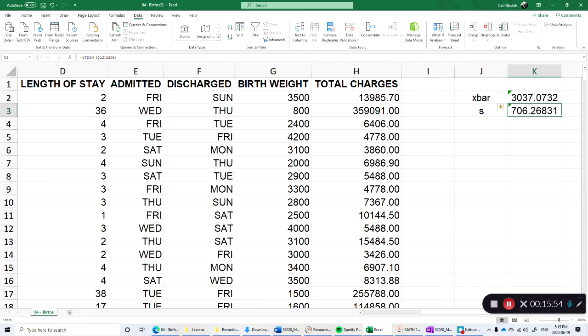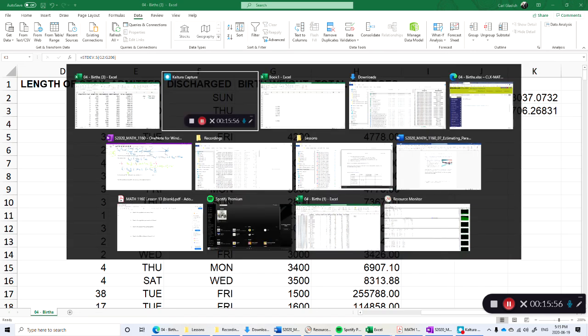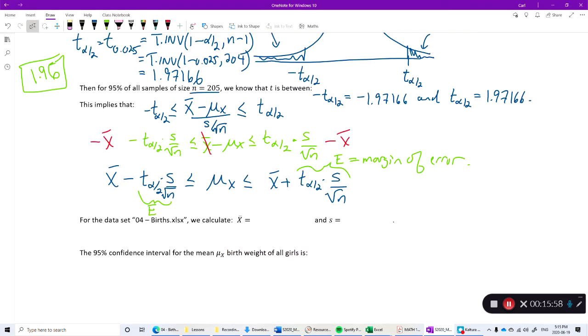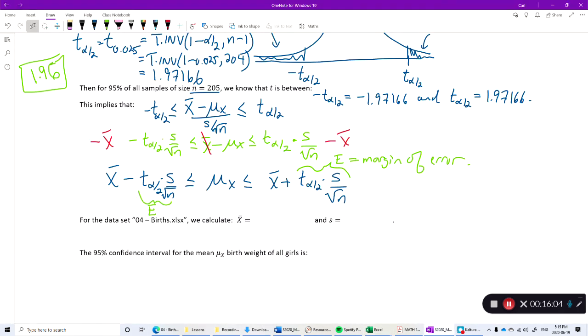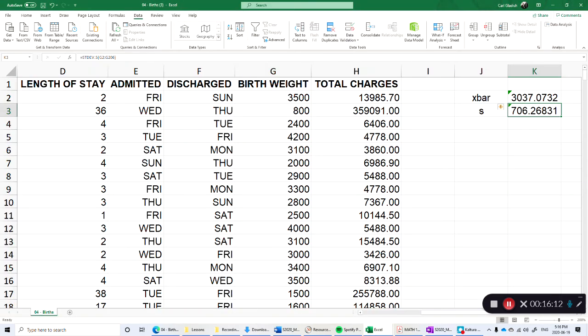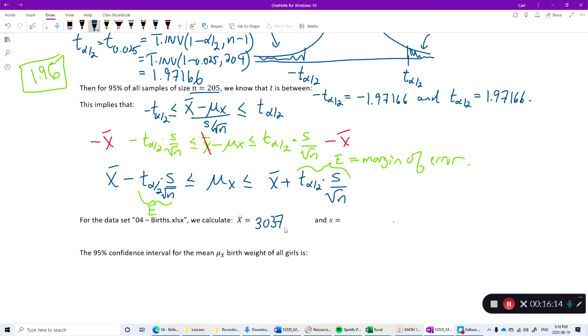So what are we going to do with those? We'll just copy them back into our notes here. So X bar was 3037.0732. What are the units on this? The units here are grams.